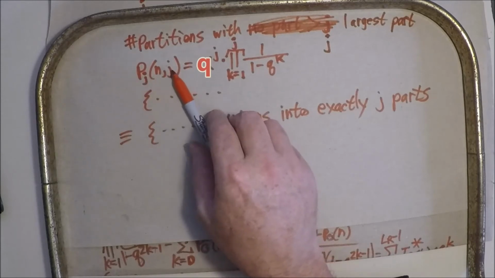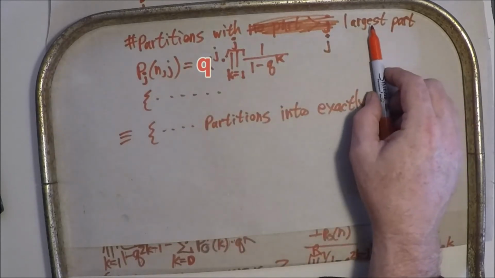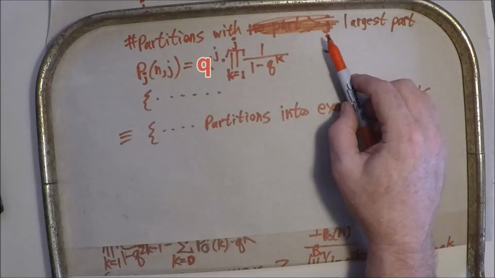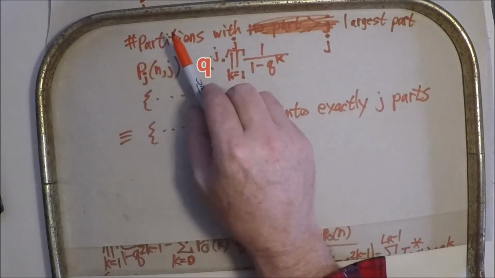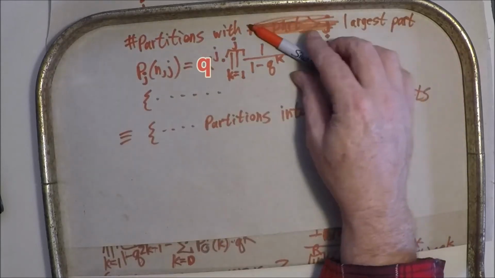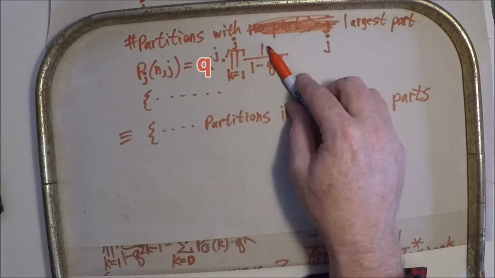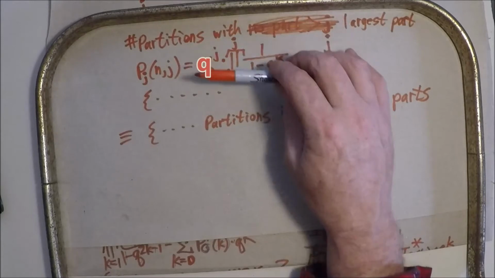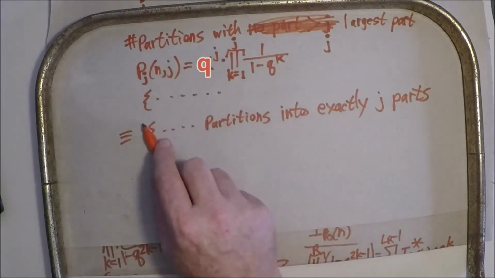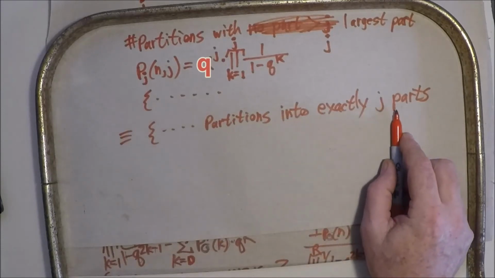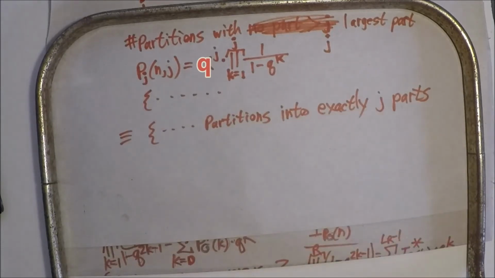Pj, n of j. Meaning that if j is 3, then all partitions that begin with 3 is given by this generating function. And there's an identity that says that this is equinumerous with the number of partitions into exactly j parts.